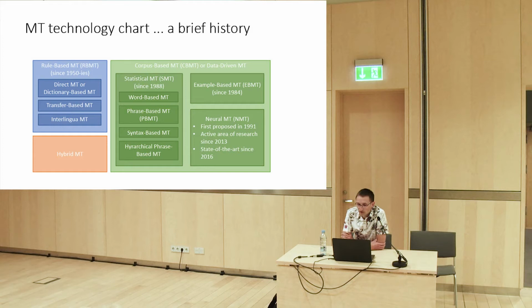Then corpus-based methods, statistical machine translation, and the example-based machine translation methods were proposed, where instead of rules, we had to rely on data, and that allowed us to build machine translation systems for different languages much faster.